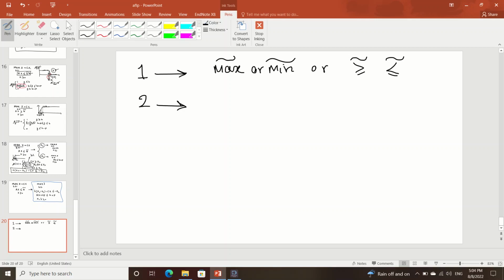In the second state, we assume that just the coefficients of the objective function are assumed to be fuzzy.